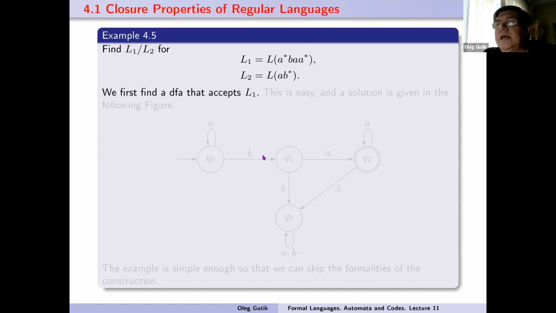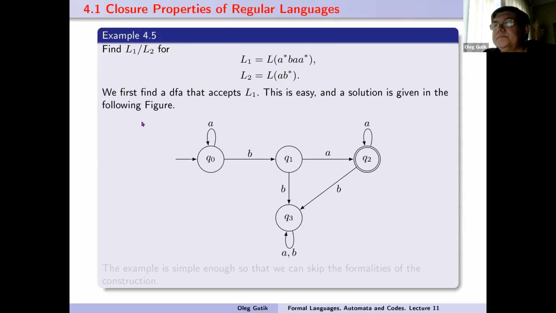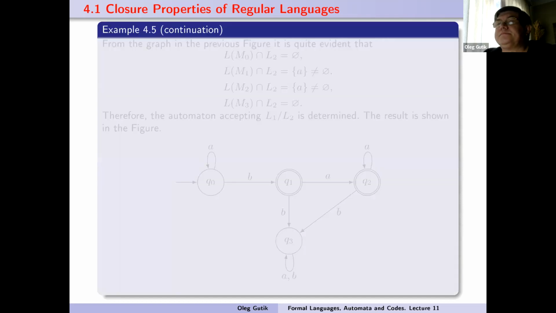We first find a finite acceptor that accepts the language L1. This is easy and a solution is given in the following figure. The example is simple enough so that we can skip the formality of the construction.